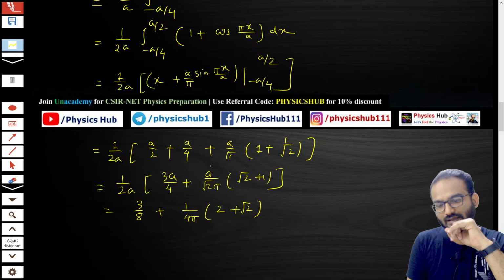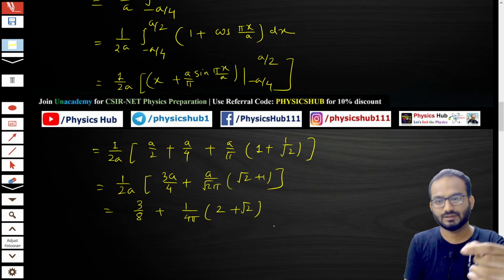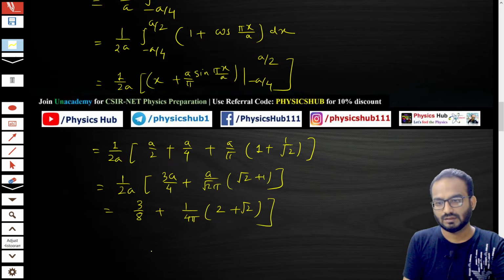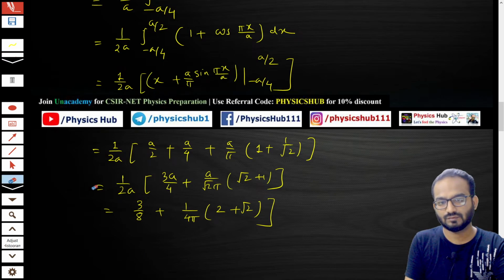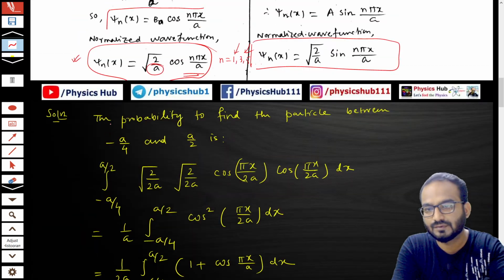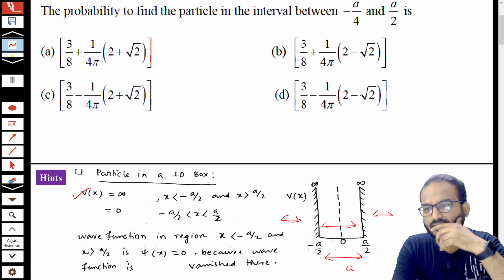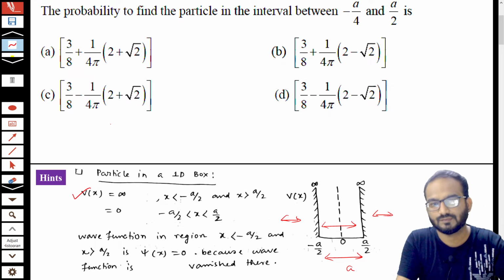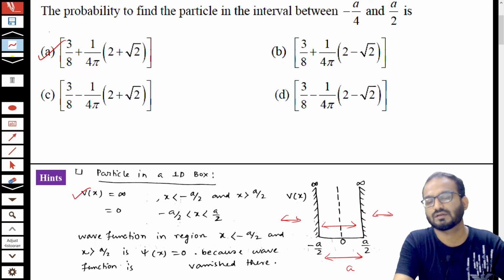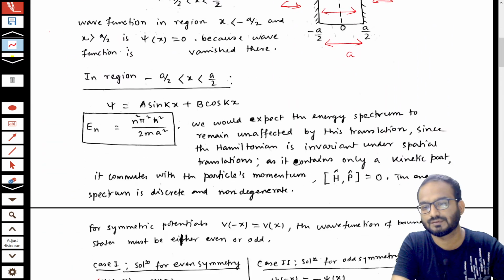So you just multiplied root 2 on numerator and denominator and you got this result. And I hope it is matching with some results. You can see it is matching with 3 by 8 plus, so it is matching with A, right? So option A is the correct option for this question.